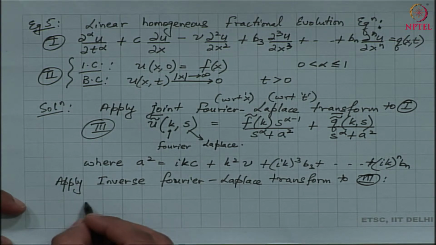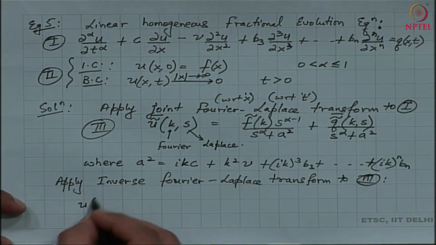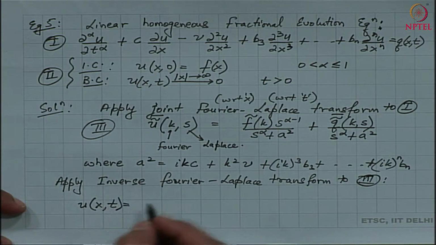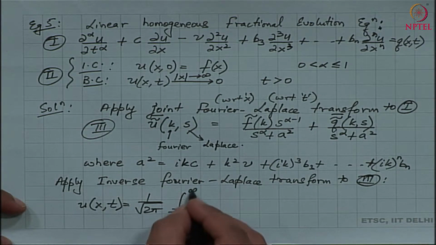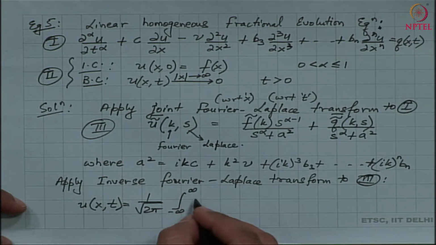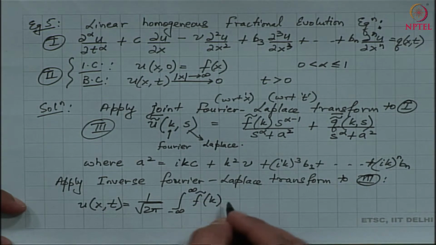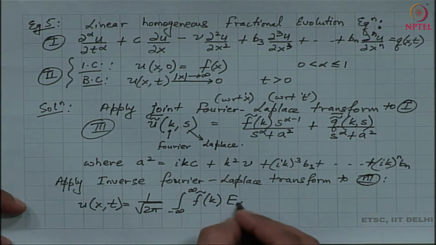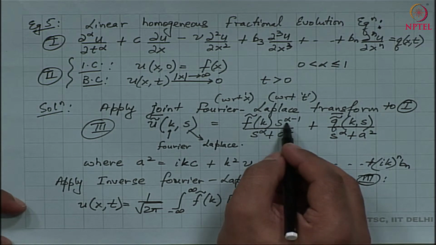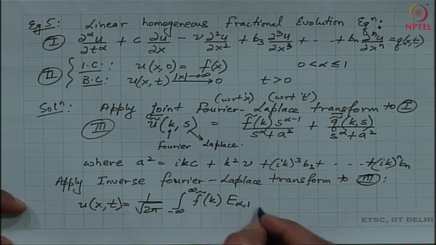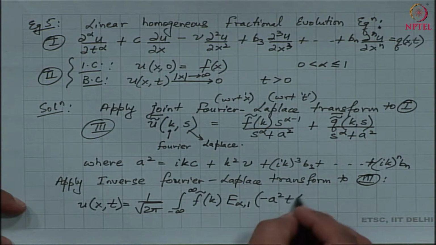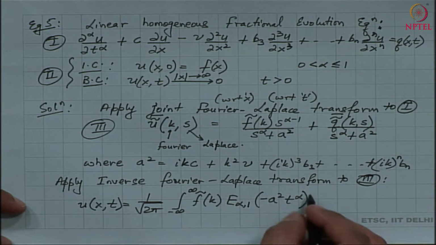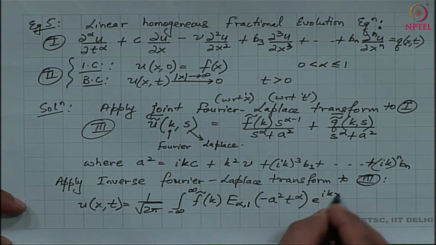I get that my solution u of x comma t is 1 by square root 2 pi integral from negative infinity to infinity of f tilde of k times the Mittag-Leffler function E of alpha comma beta, where beta is 1, so E of alpha comma 1 of the argument negative a square times t to the power alpha, e to the power i k x d k.